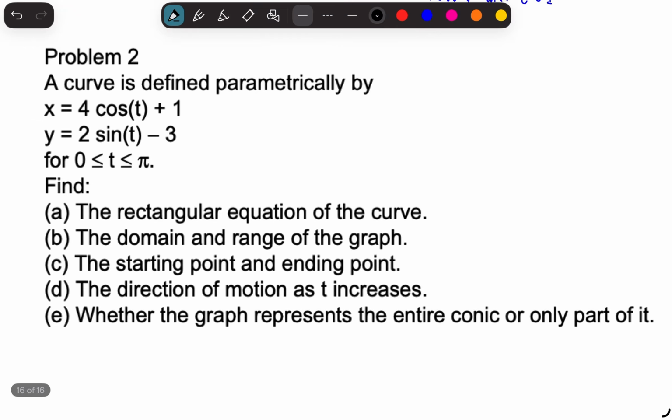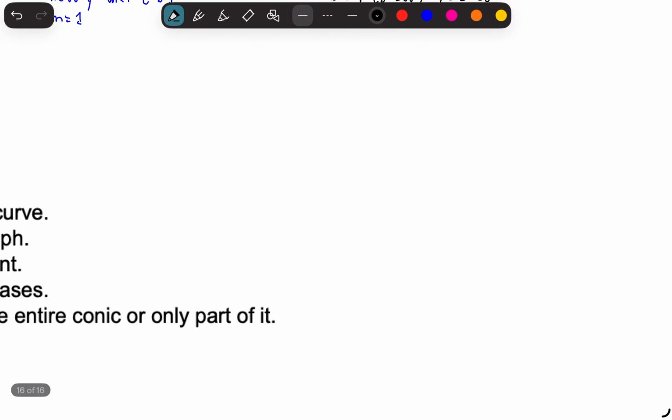A curve is defined parametrically by x is equal to 4 cosine t plus 1, y is equal to 2 sine t minus 3, for 0 is less than or equal to t is less than or equal to pi. Find the rectangular equation of the curve.